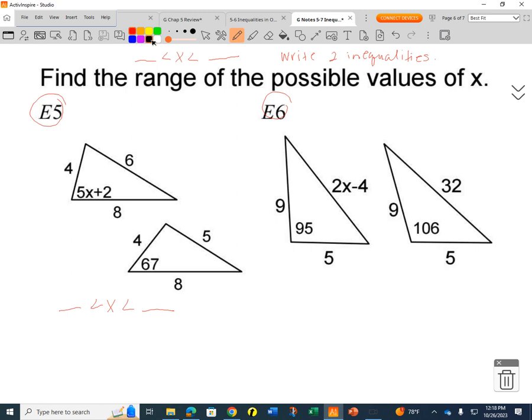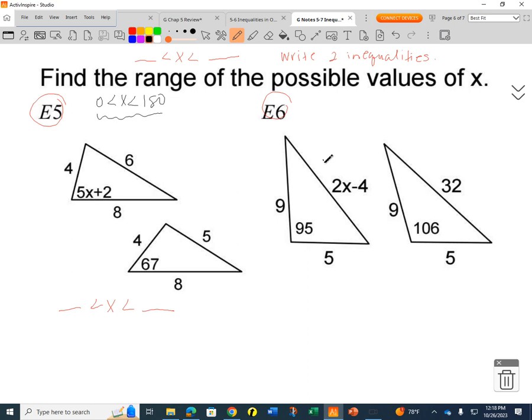But to do these kinds of problems, we need to remember that the range of possible angle measures is greater than 0 and less than 180. That's going to help us write our second inequality when we're talking about angle measures. This is not the same as when we're talking about side measures.